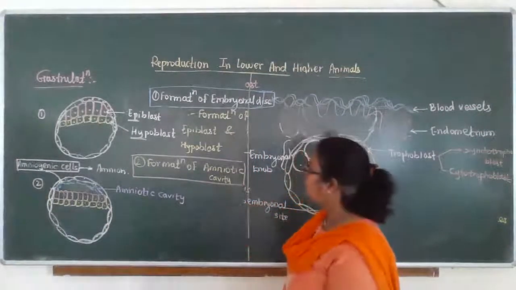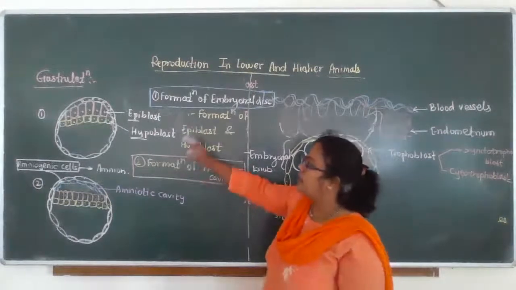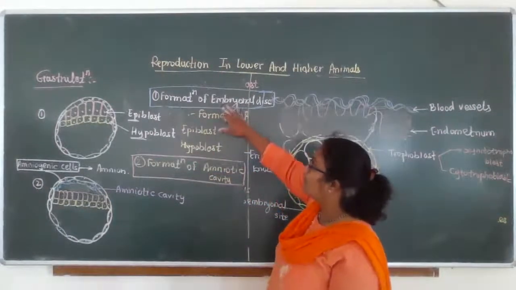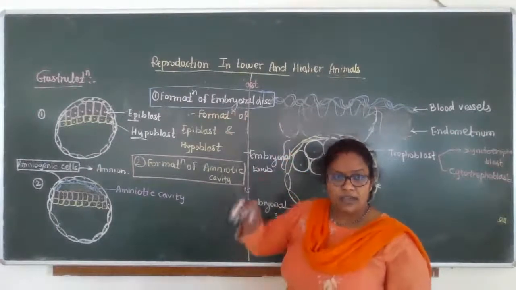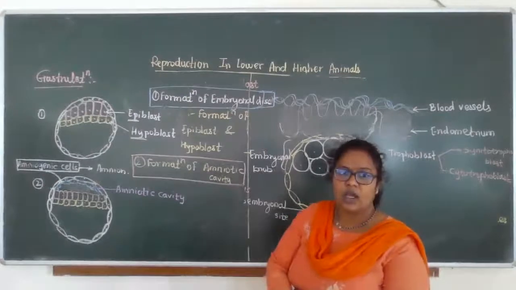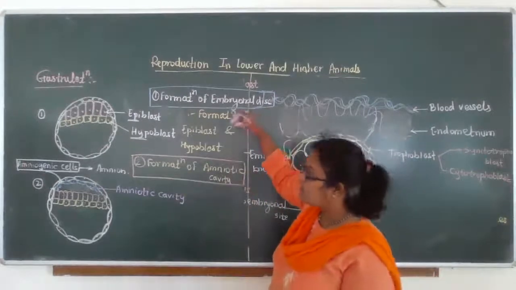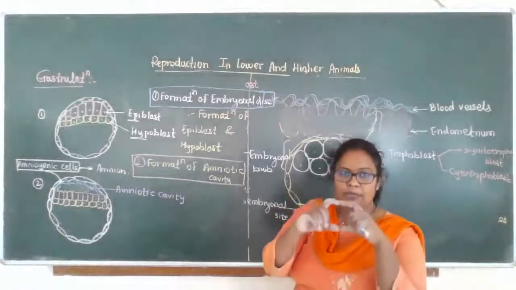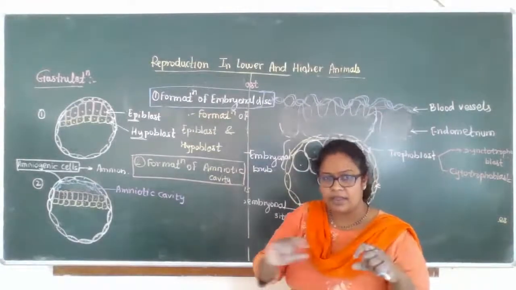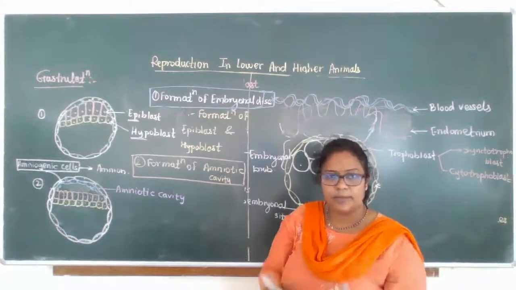आगे जाएंगे हम. So everyone, the first step during gastrulation was the formation of the embryonal disc. How does it get formed? A pull happens towards the downward direction. Sorry, the cells get elongated to form an epiblast cell, and one remains at the lower side, called a hypoblast cell.